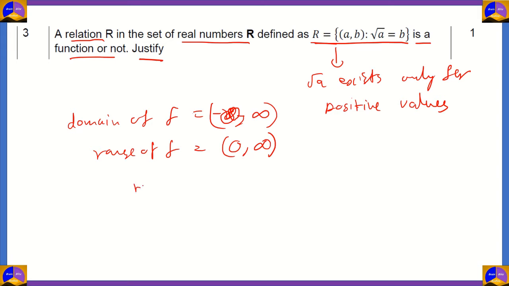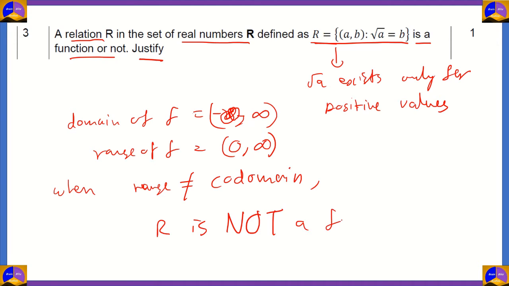So here the range of the function is not equal to the codomain. And when the range is not equal to the codomain, then the relation R is not a function. So that is how you can justify the fact that this relation is not a function.